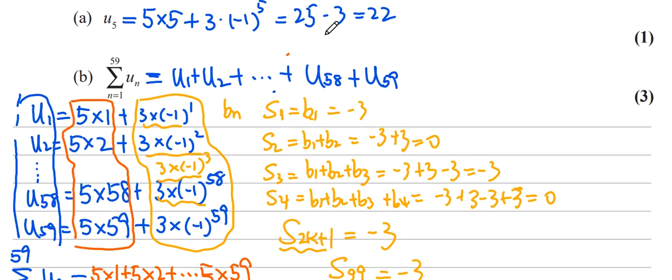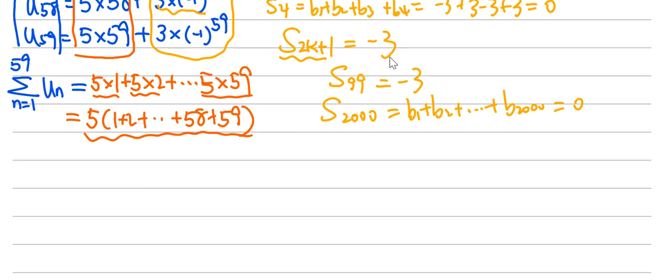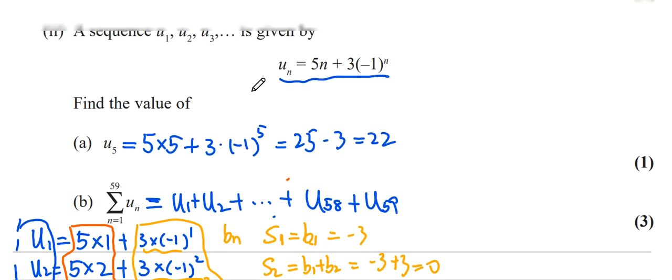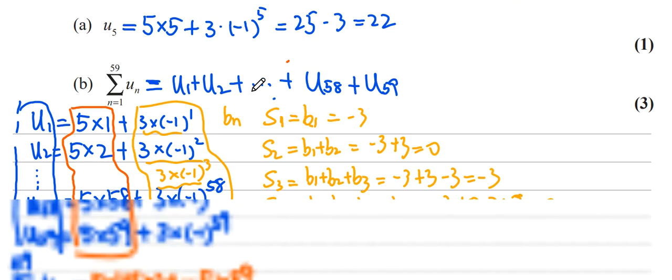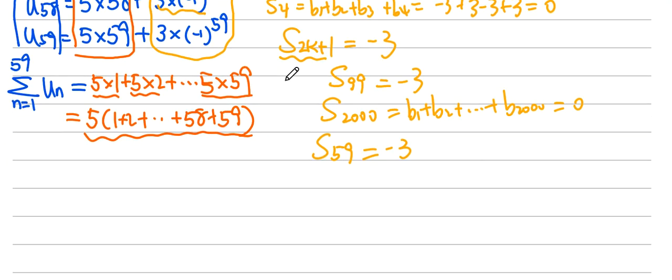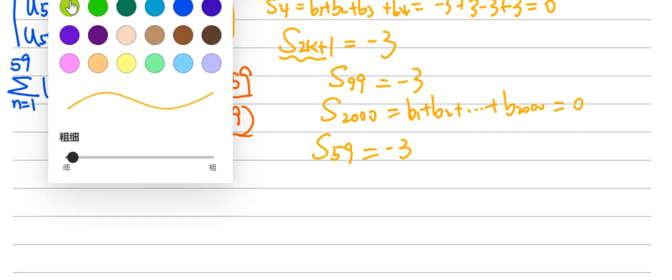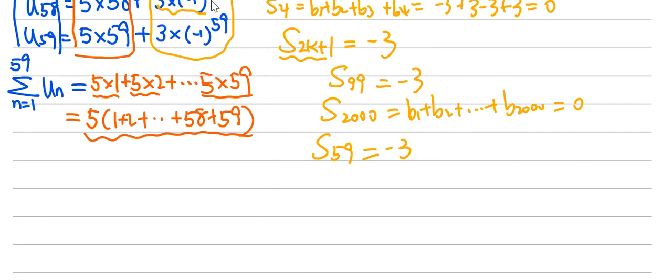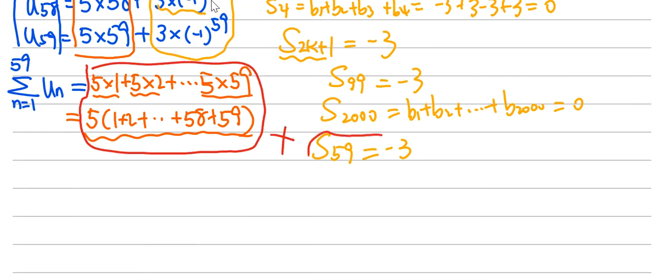Now, what do we have here? For this yellow sequence, we have S59. Then it will be -3 here. Does it make sense? Yes. So now this blue thing will be this whole red thing, plus this -3.